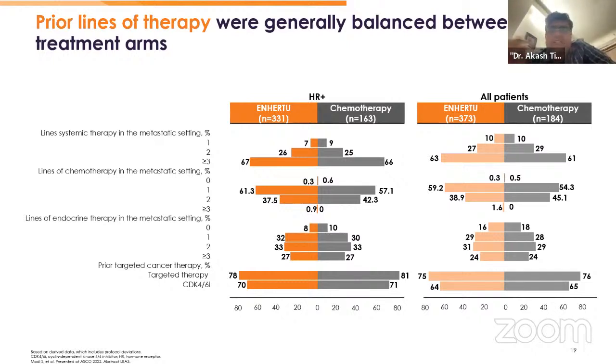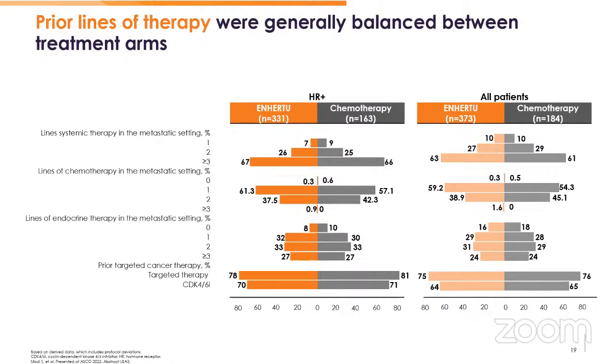Almost 37 to 40% of these patients had received more than 3 lines of chemotherapy, and almost 27% of these patients had received 3 or more lines of endocrine therapy. This was a very heavily pretreated population.